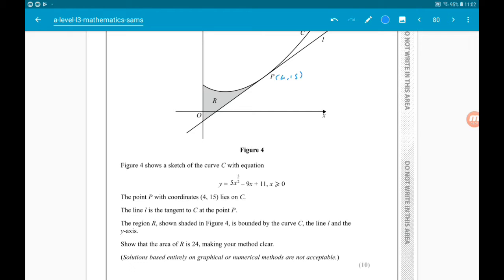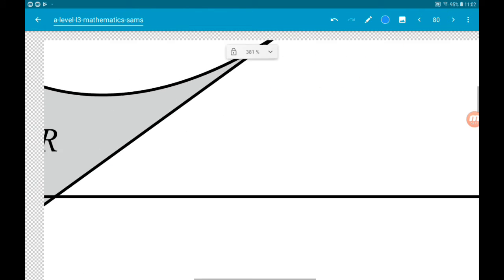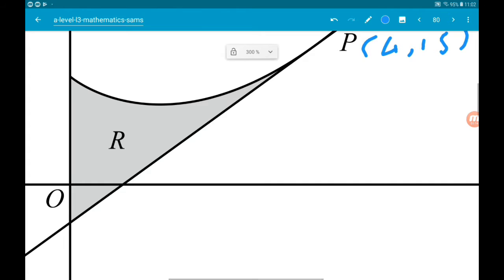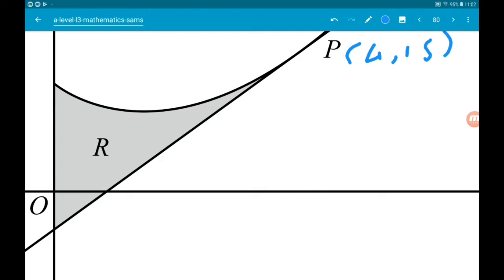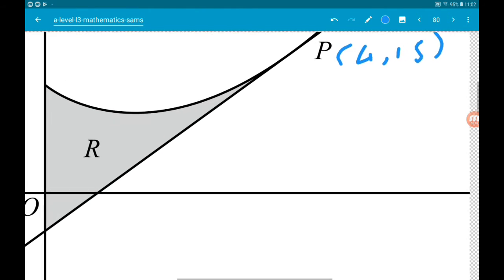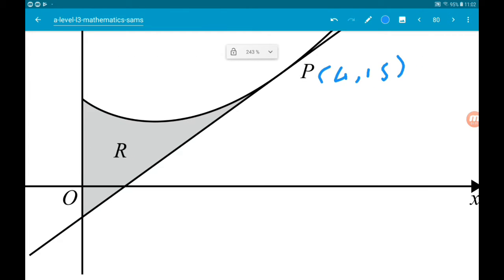Alrighty then, so, big things. There are 3 bits of area that we're interested in. What we can do, if we integrate the curve between 0 and 4, that's going to find us that whole area. So, the part of R above the x-axis and the white triangle above the x-axis.